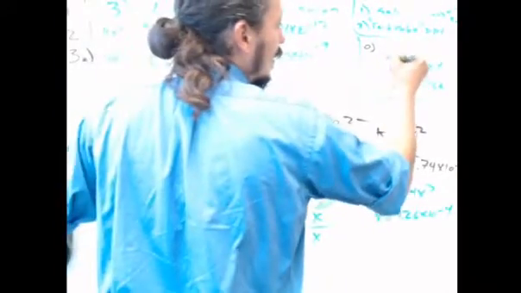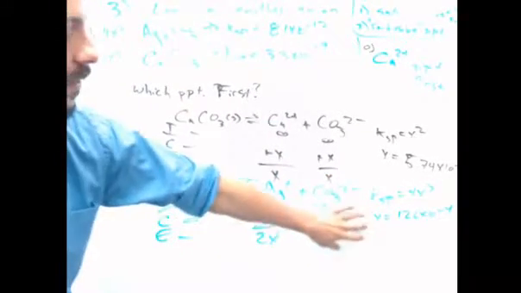So when I jumped and said silver precipitates first, my gut reaction was actually wrong. Calcium is going to precipitate first. It is the one that is less soluble, because we end up with fewer ions of it in solution.